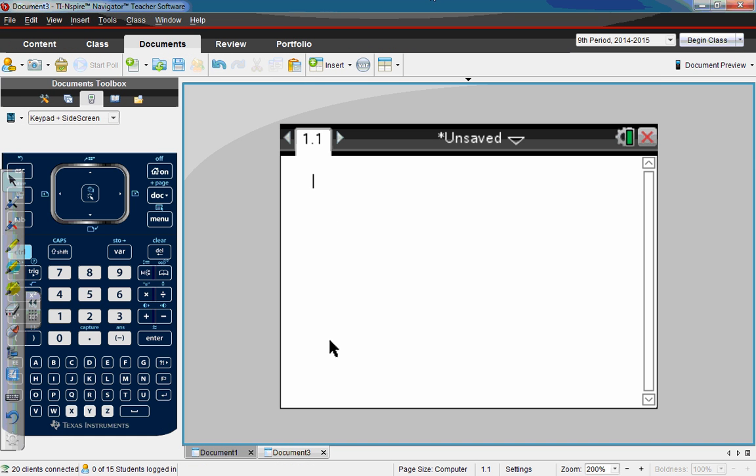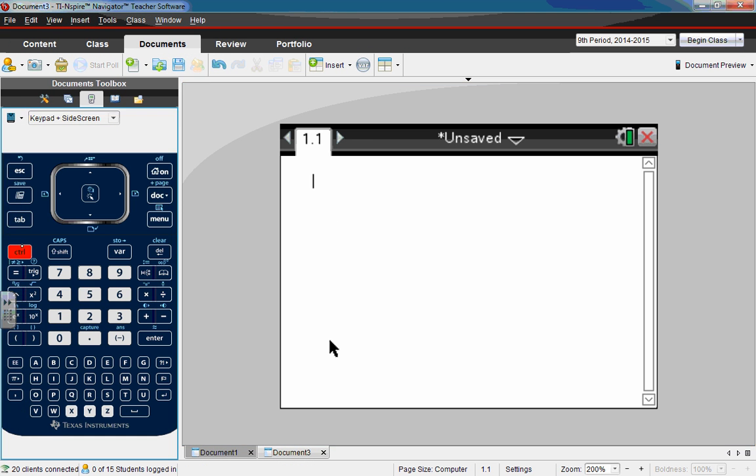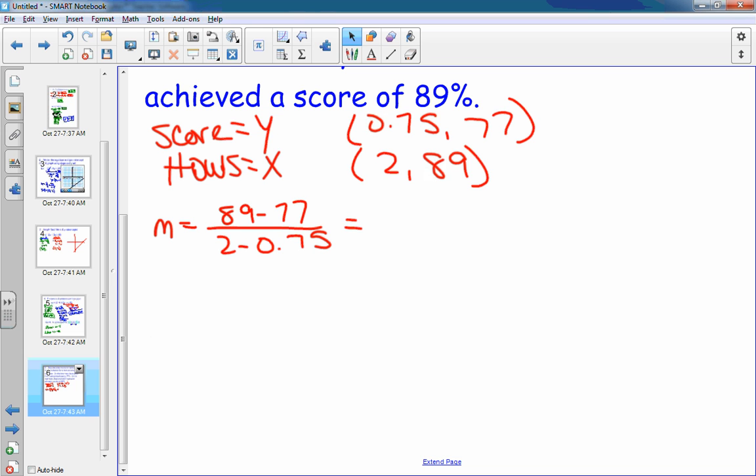You can literally go Control, Division key, and type in 89 minus 77, arrow down, 2 minus 0.75. And what do you get? Because it said 0.75 hours. So my slope is going to be 9.6.